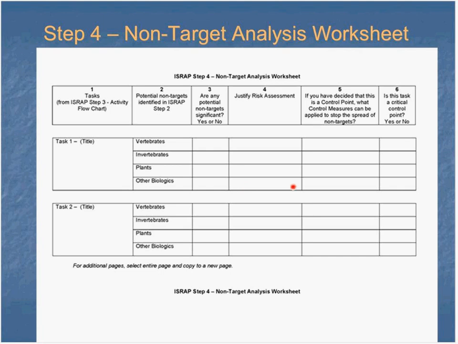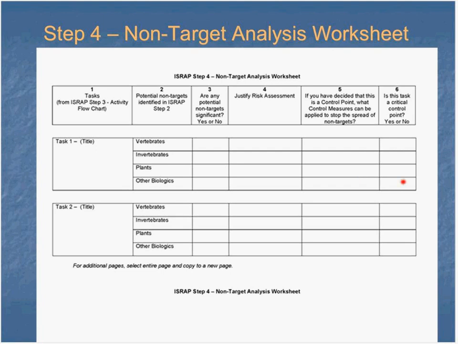And then if you determine that there is a significant enough risk, then you develop control measures here in column 5. These measures could be anything from working from upstream to downstream, or decontaminating your gear when moving from one site to another.